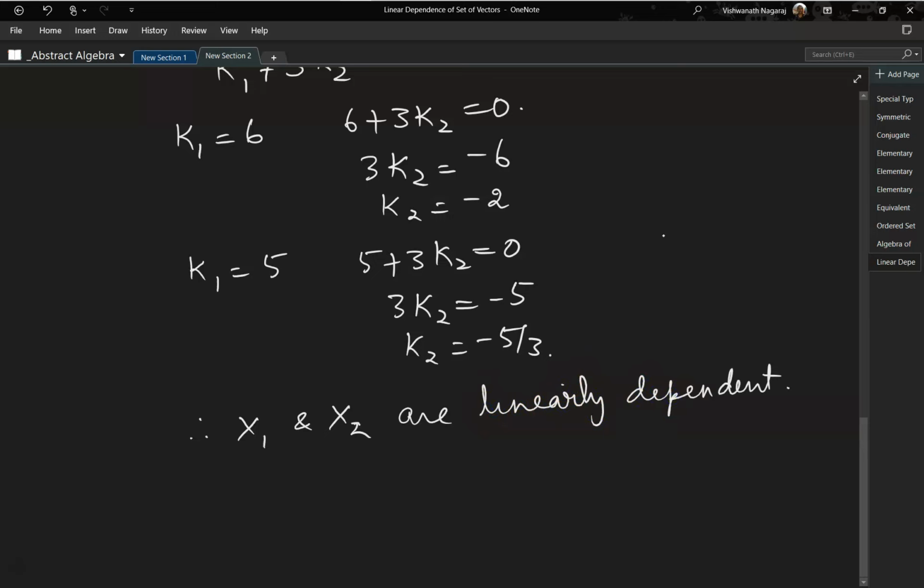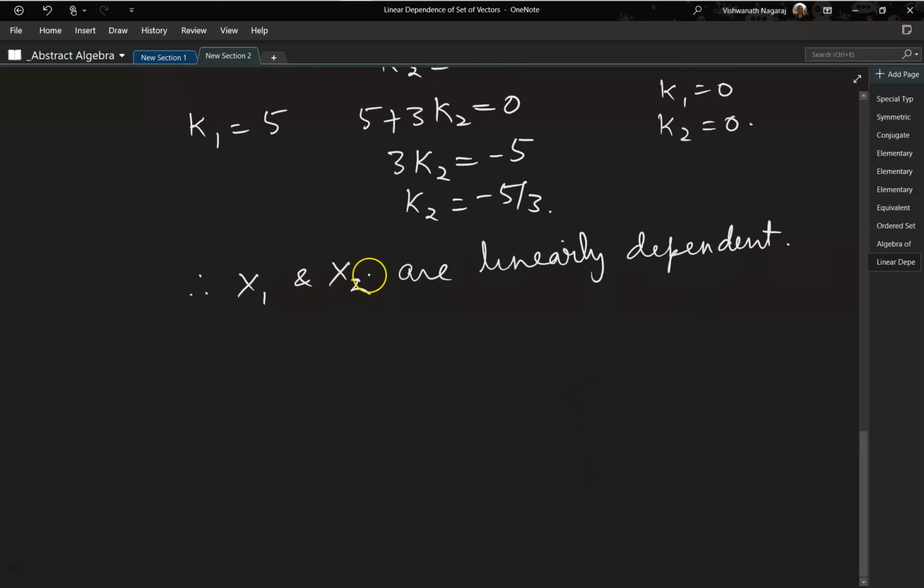See, one of the solutions, the simplest solution, which is also called the trivial solution, is when k1 equal to 0 and k2 is equal to 0. This is also a solution, but this is the case with all the cases. So what is more important is for us to figure out a non-zero value. If k1, k2, k3 are all zeros, then we would be calling them linearly independent.